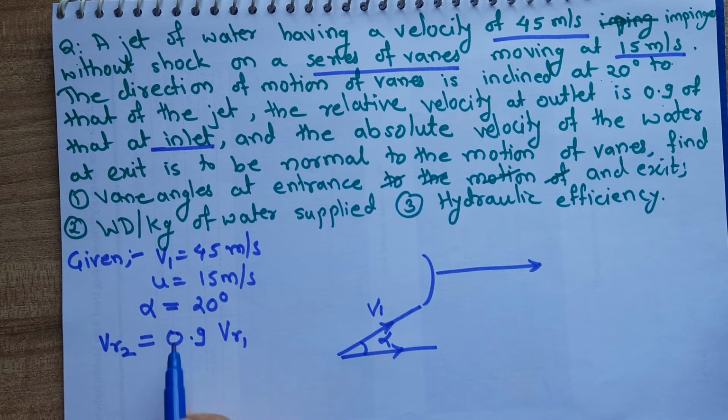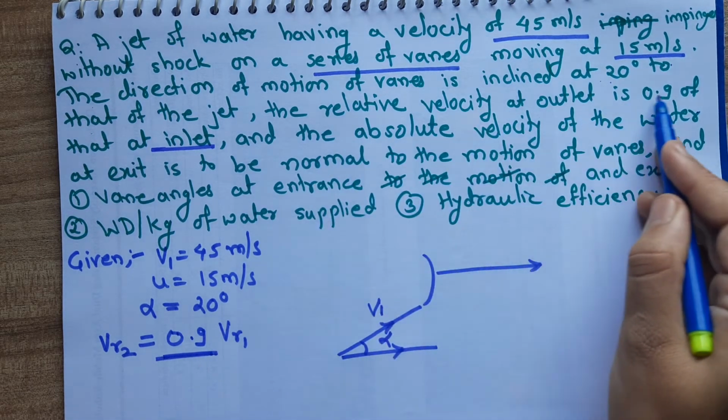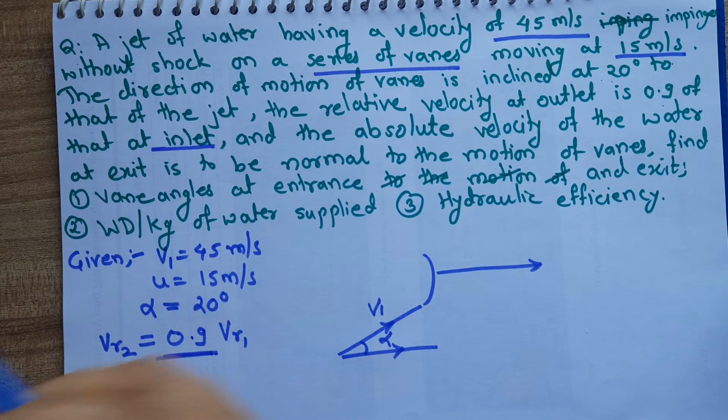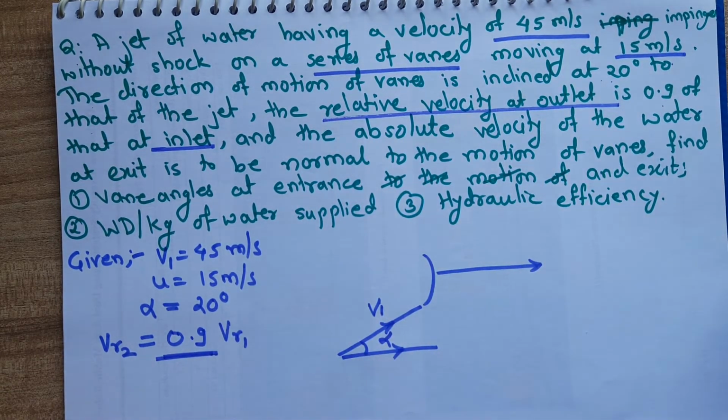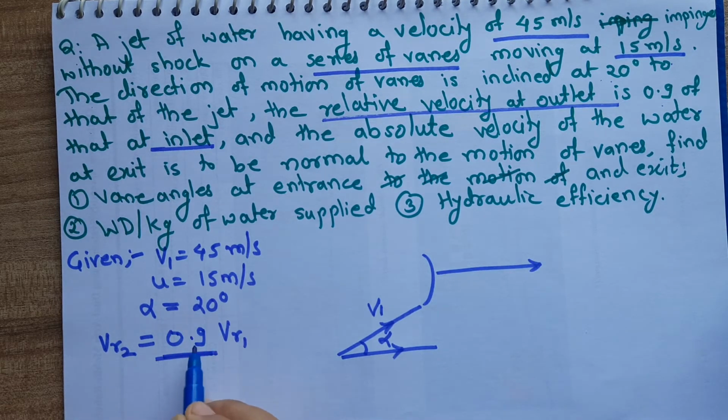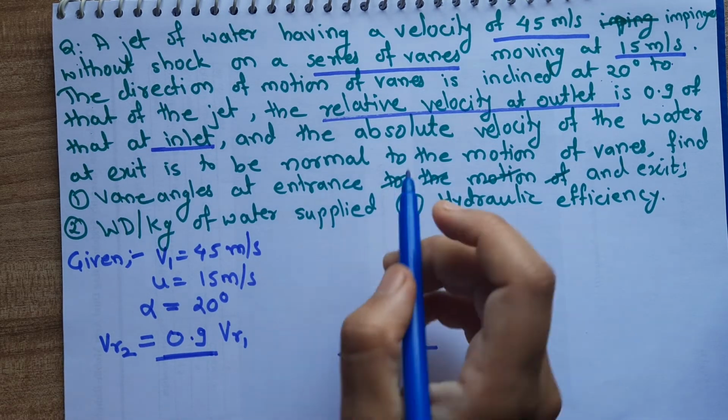So here we can see that this is the friction factor. Not compulsory every time it will be given in the sentence form. Sometimes it can be given as friction factor is 0.9 or blade velocity coefficient is 0.9. So at that time we are supposed to understand that this value is given to us.